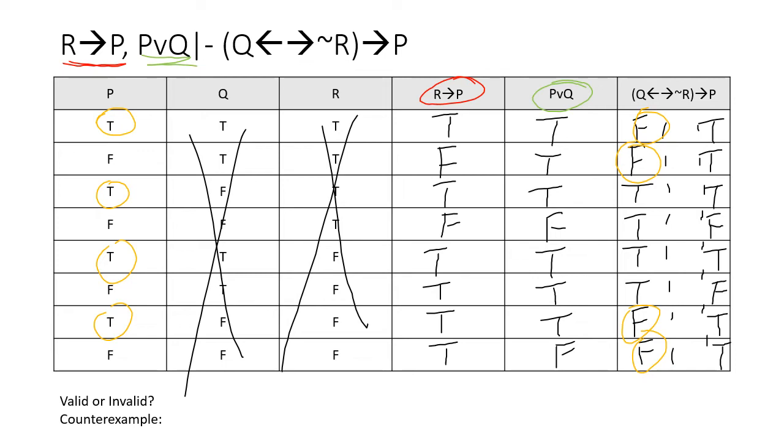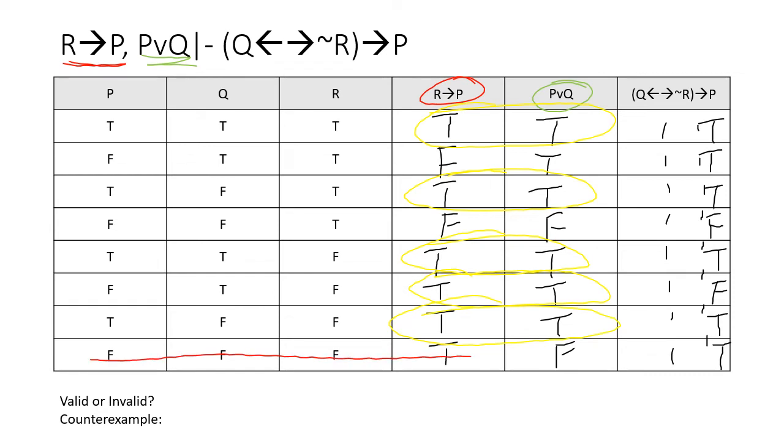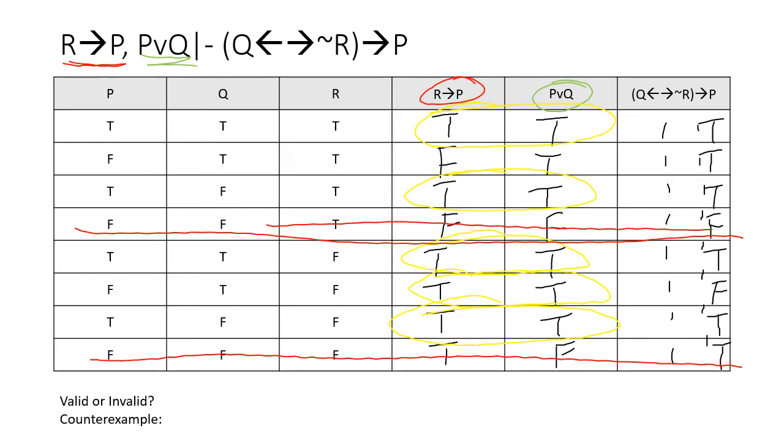And from that, we can start to do our evaluation. Where are all the premises true? They're all true there, all true there, all true there, all true there, and all true there. So we can eliminate these two rows. We don't need to look at them. And let's look at our conclusion.